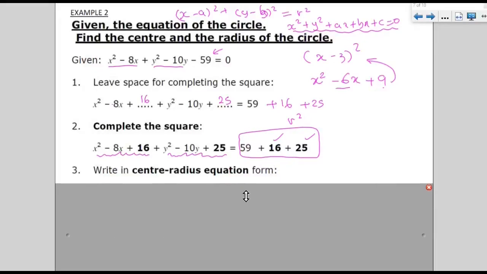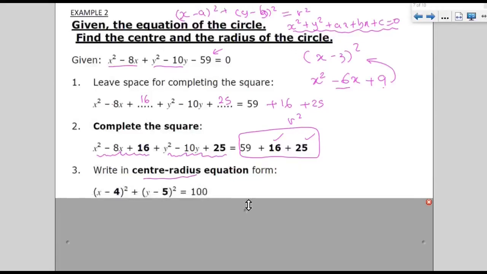So to write the equation in the center radius form, in other words, in this form here, all we need to do is find the square root of that. It's x. And because you have a negative here, you'll always have a negative in your binomial. And the square root of 16 is 4.